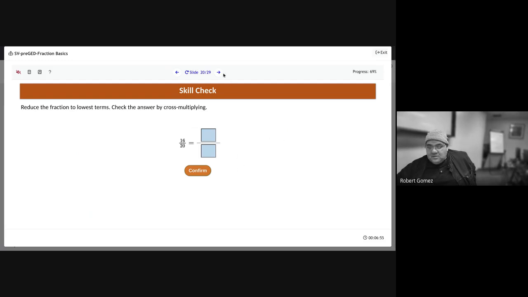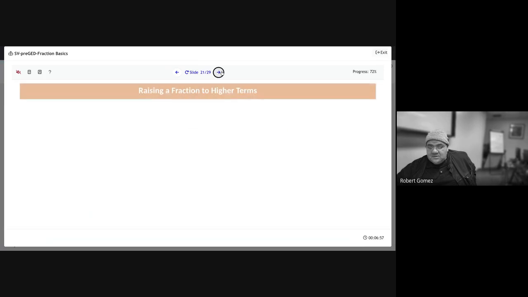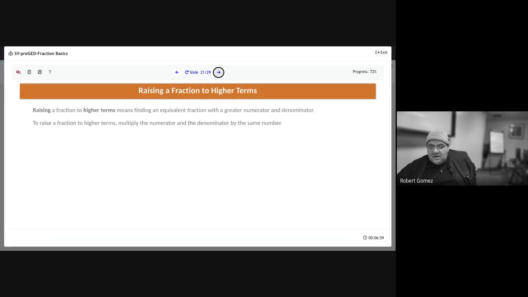Okay. So this week we're going to continue on to fractions. In this case, we are going to raise fractions, right? So the first way we divided, but let's say we need to raise fractions.